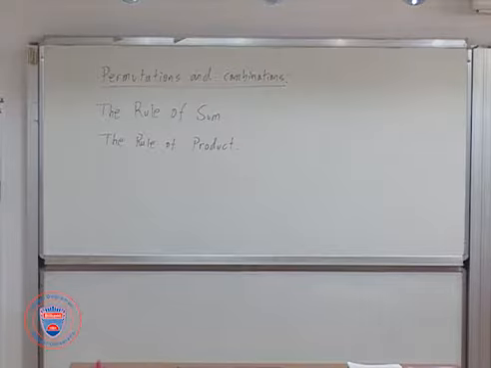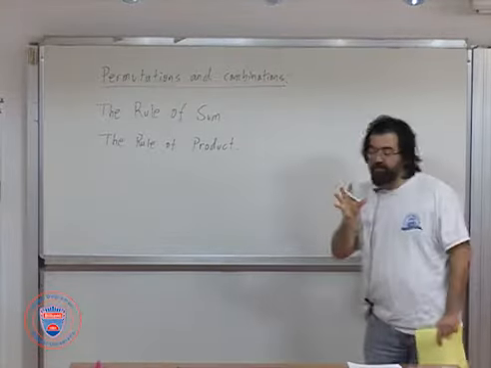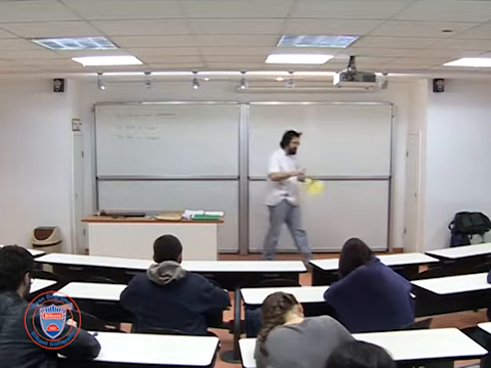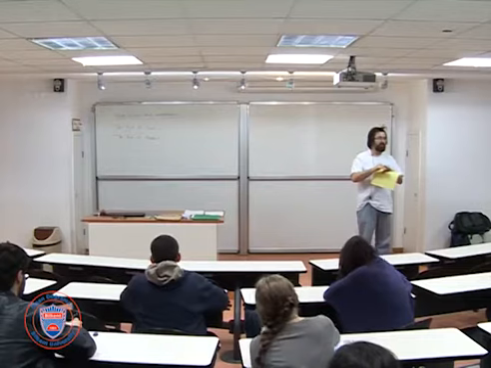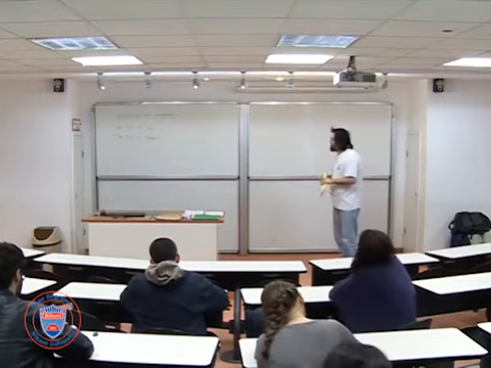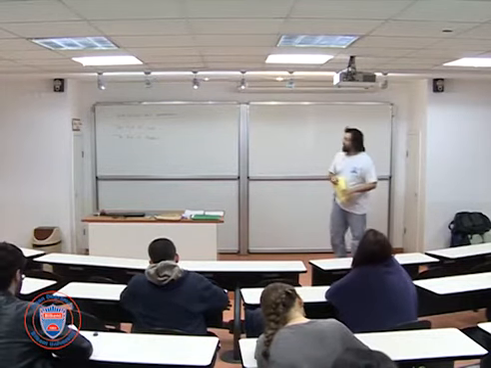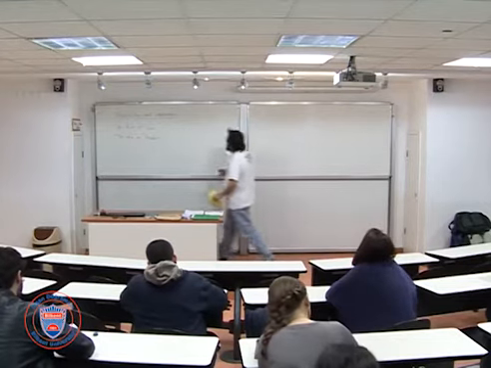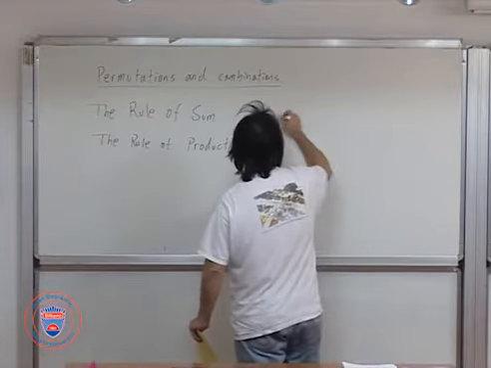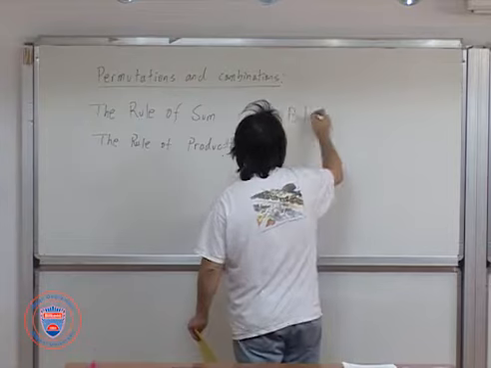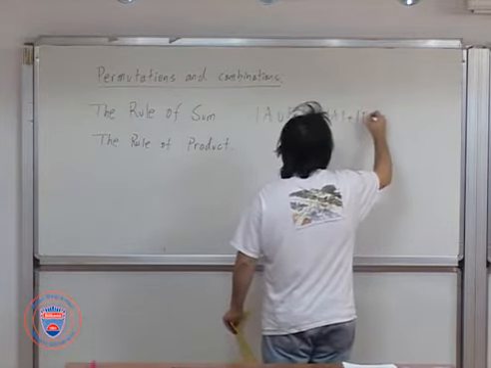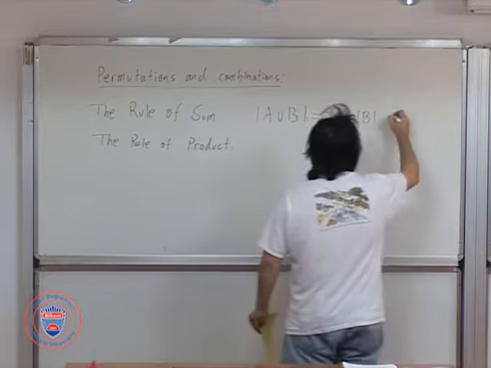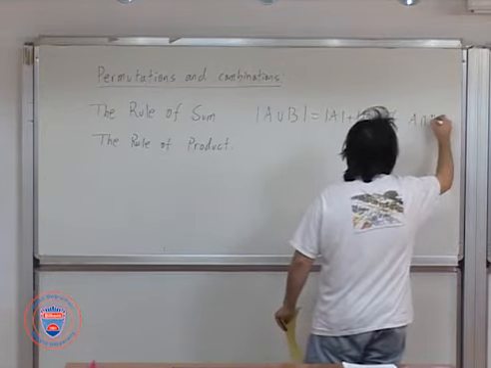So using set notation, the rule of sum is basically you're trying to count the union of 2 sets, but you know these sets have no intersection. So you conclude that the number of things in this union is exactly the sum of the number of things in each set.